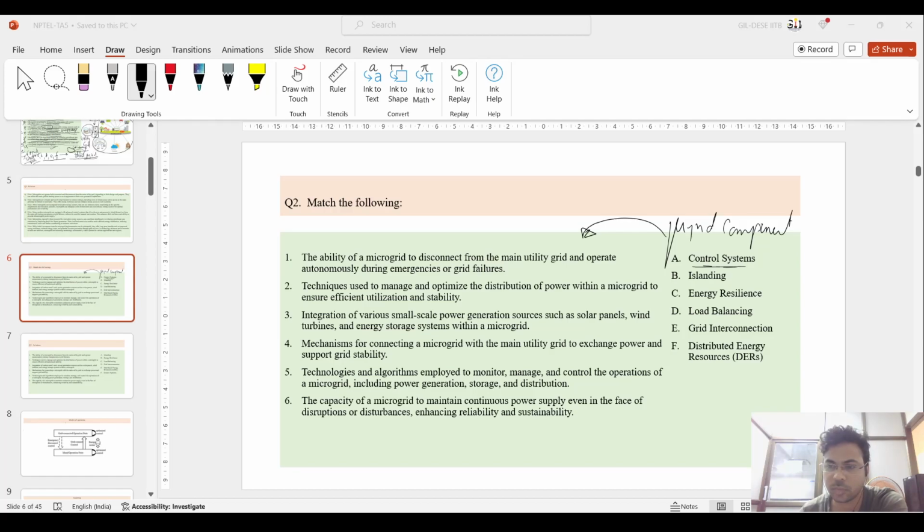Okay, try this question. I'm giving you a few minutes to solve this. First read the statements, because the microgrid has many components, so you have to be familiar with the components themselves.